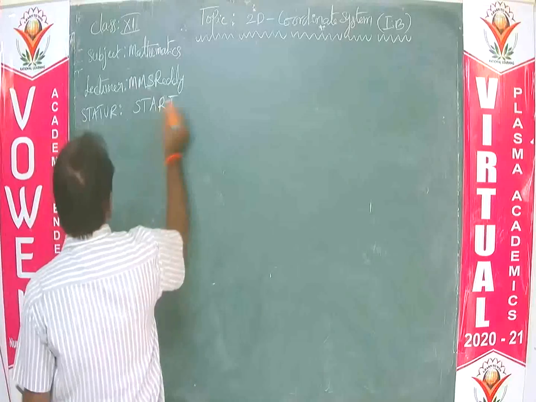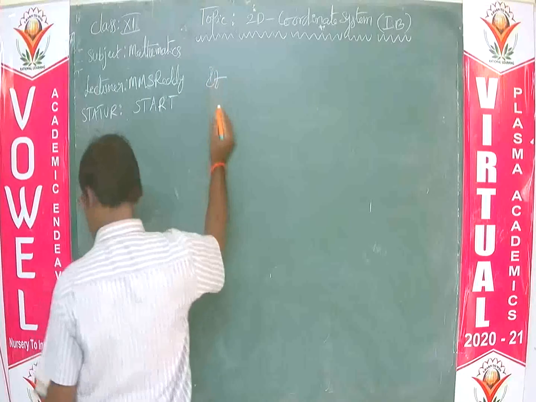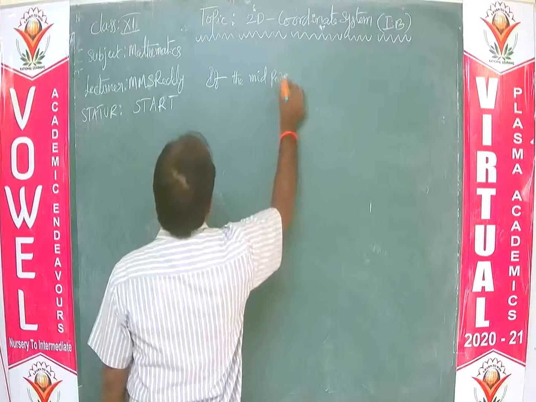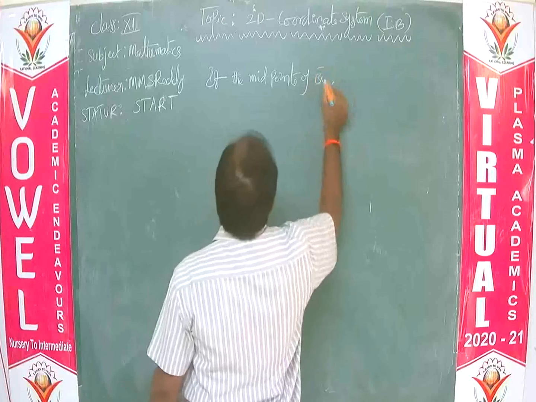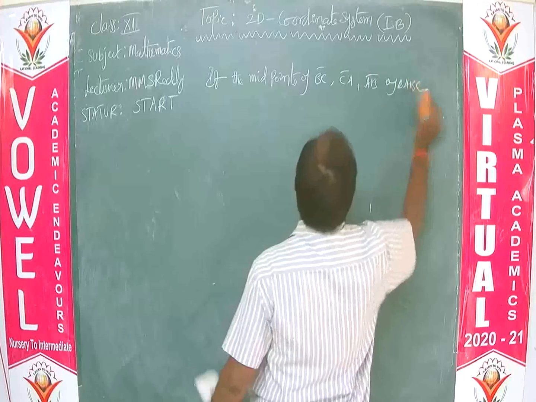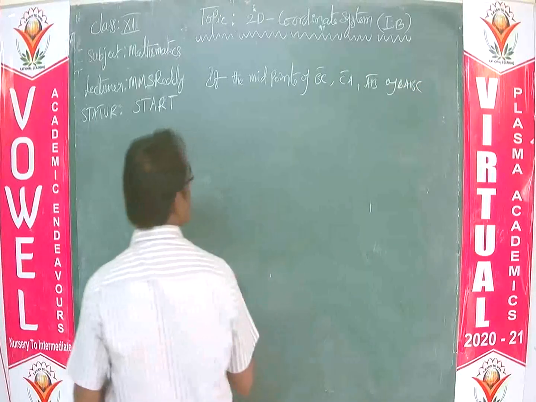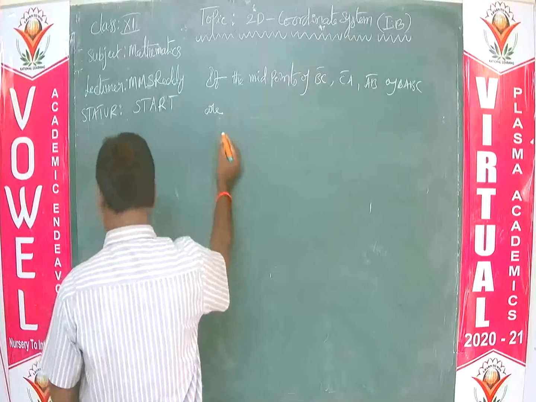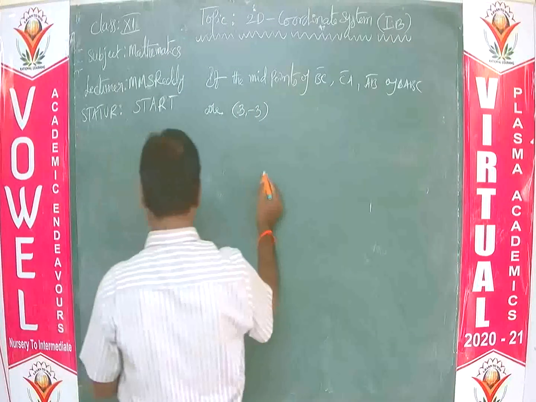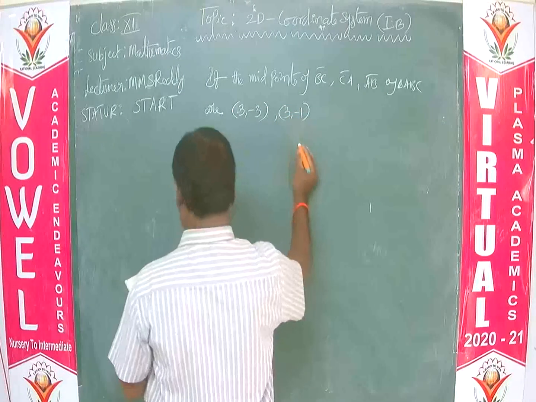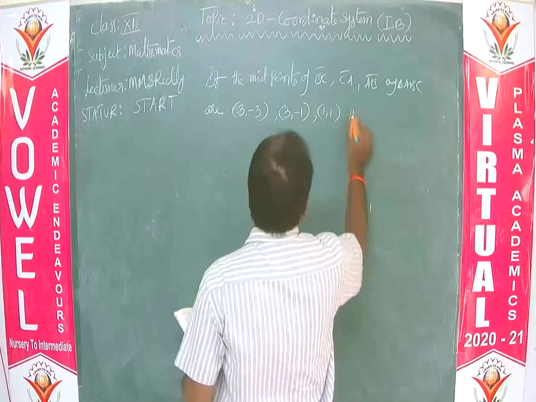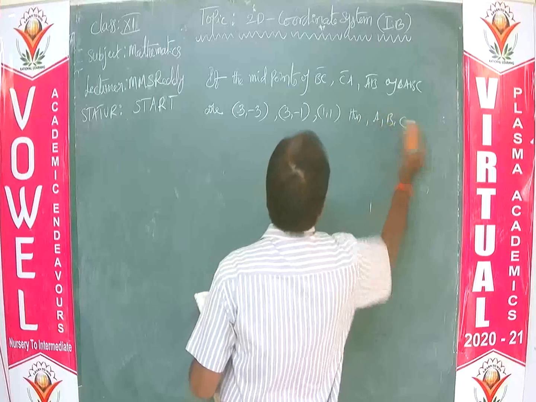If the midpoints of BC, CA, AB of triangle ABC are 3, minus 3; 3, minus 1; 1, 1 respectively, then the vertices A, B, C are?